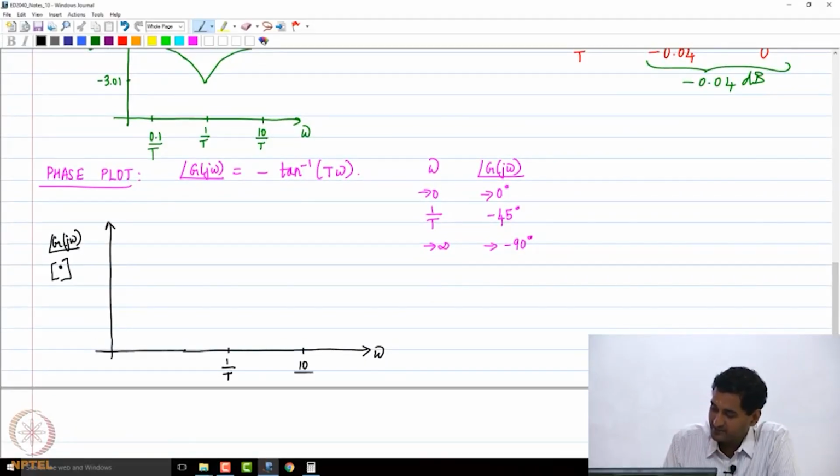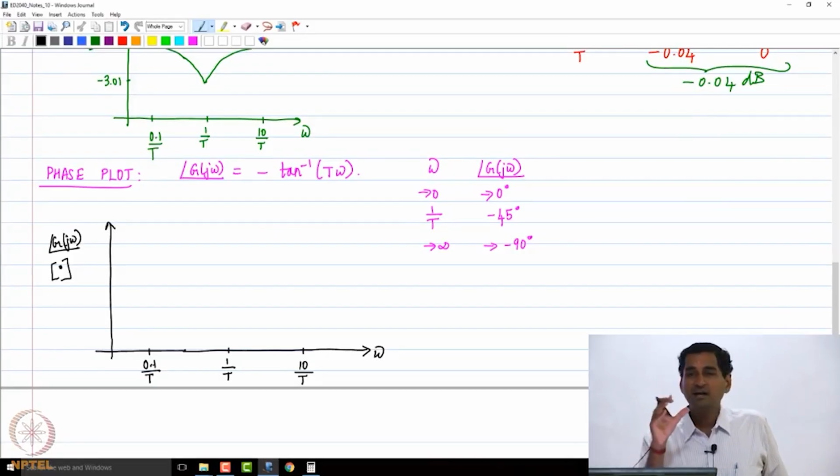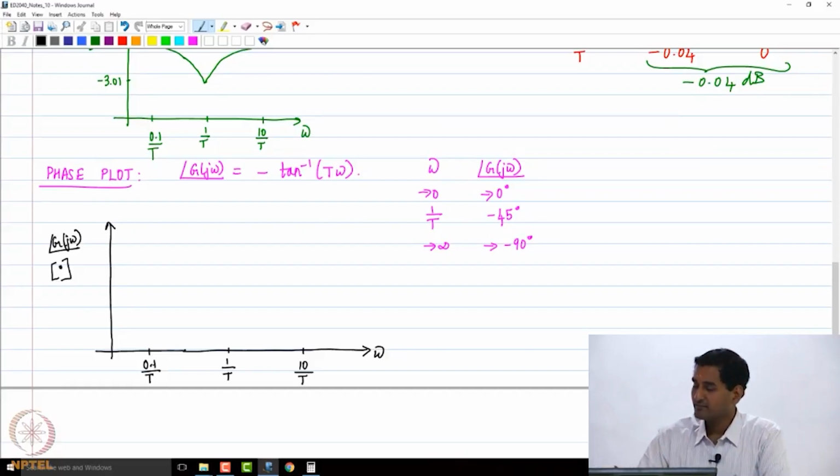Let's say I take 10 by capital T and 0.1 by capital T. Typically, in most Bode plots, we plot around the frequency range of interest, and by and large you choose a frequency range and go 1 or 2 decades either side. That covers a pretty broad range. So that's why I am taking 1 decade above and 1 decade below a particular frequency.